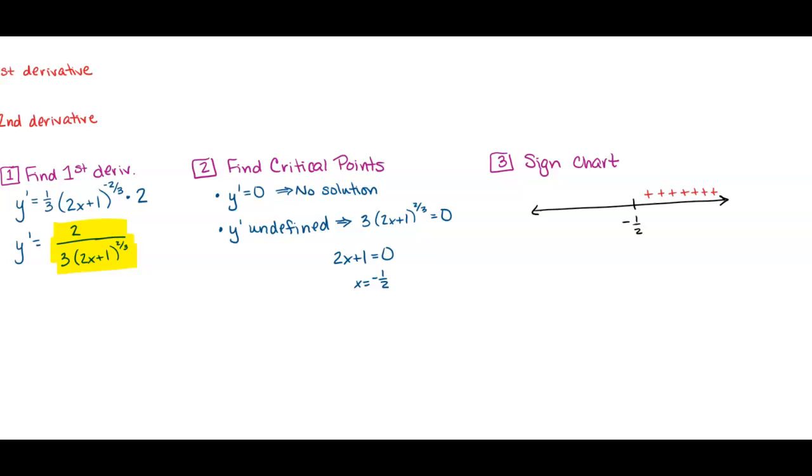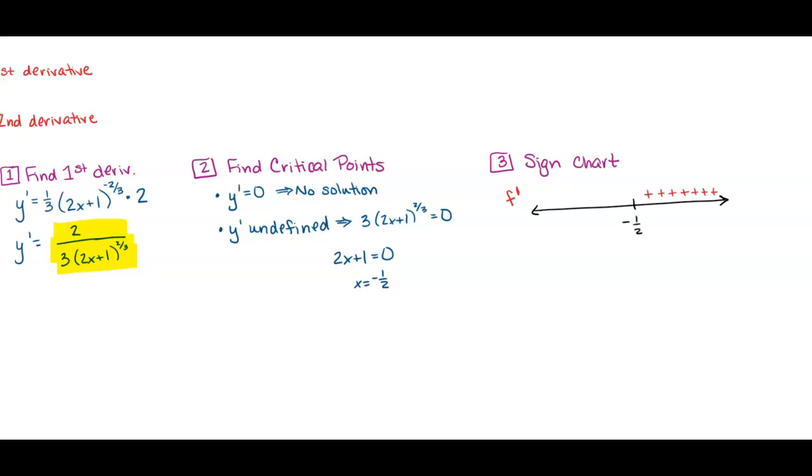And this is a first derivative sign chart. So make sure that we label this because we're also going to do a second derivative sign chart in a minute. And then if I plug in something like negative 1,000,000, well, that 2 on the top is still going to be a positive 2 on the top. And then I imagine plugging in negative 1,000,000 to the bottom. This is going to be negative 2,000,000. I'm going to square it, and that will make it positive.